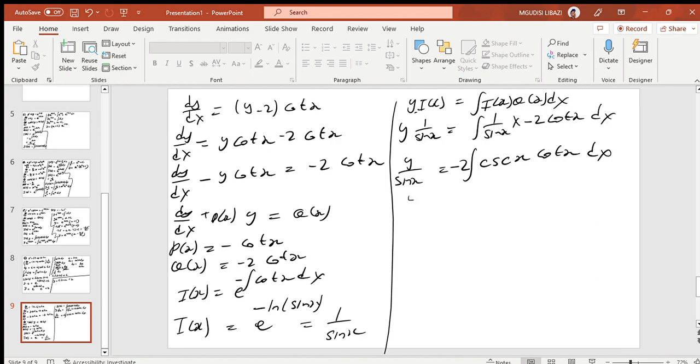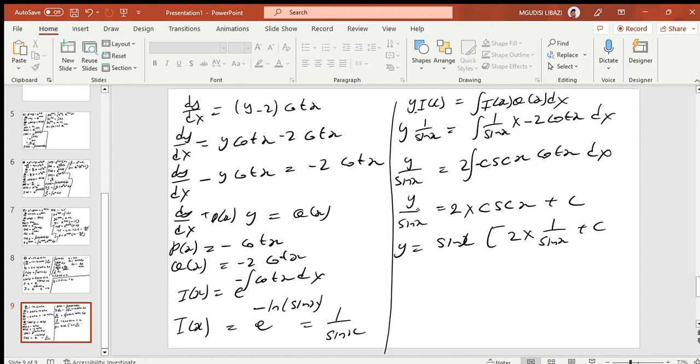So y over sine of x is, if we take that negative inside, 2 times the integral of negative cosecant of x cotangent of x, which is just cosecant of x, plus c. Then y is equal to sine of x times 2 times cosecant of x, which is 1 over sine of x, plus c.